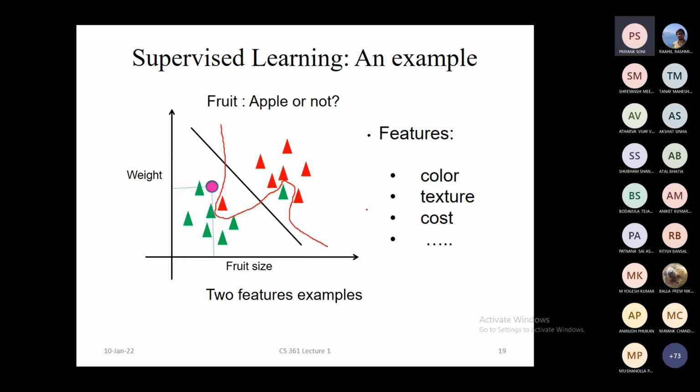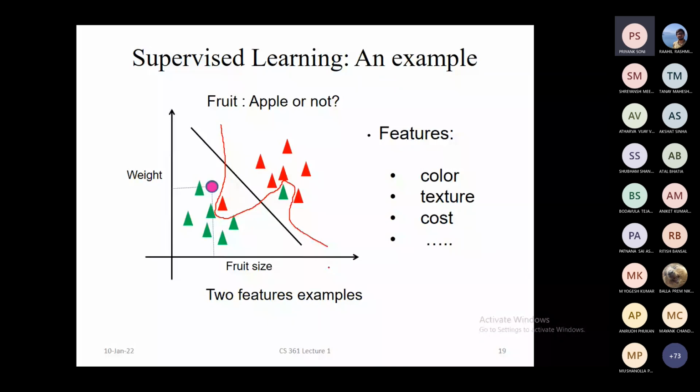This may be your separator. Now you see that this separator perfectly classifies the red triangles and green triangles. But one thing is important: this separator is a very complex curve, not a linear separator, or a better separator with lesser complexity.